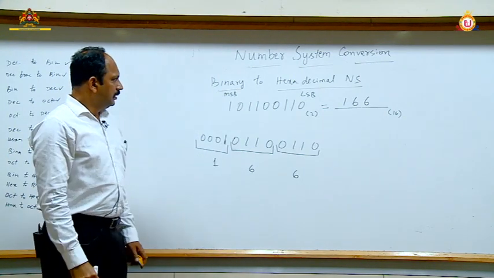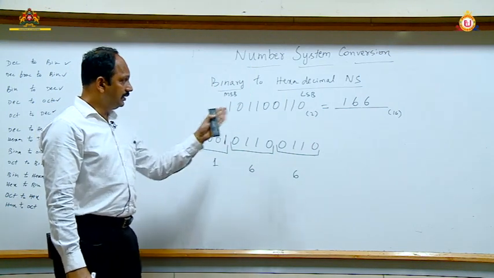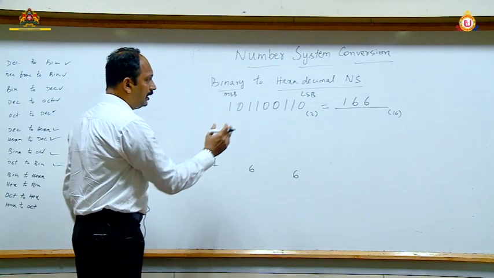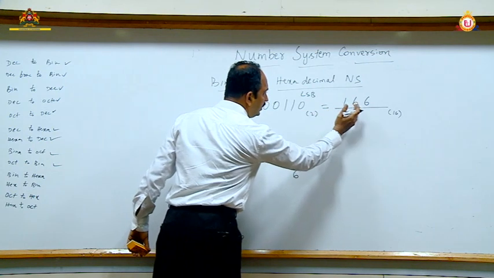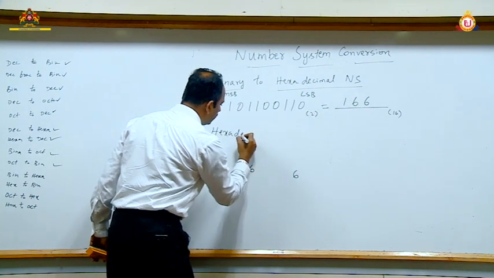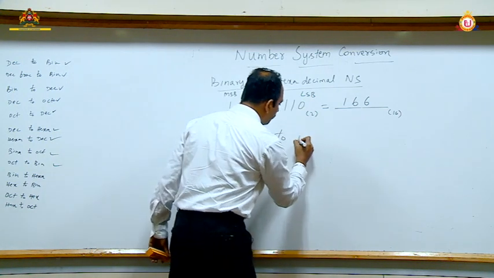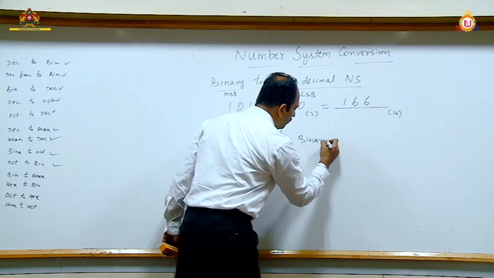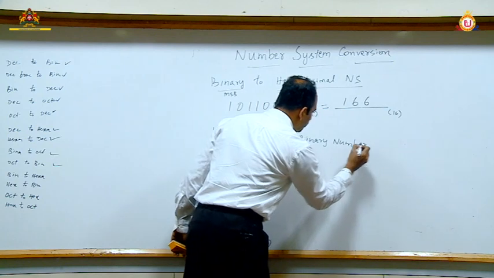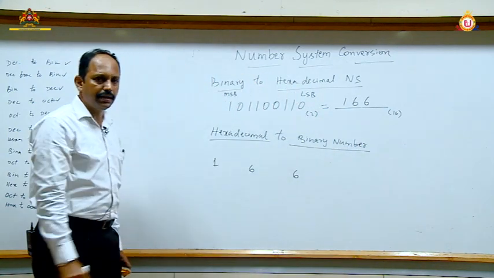Again, from hexadecimal to binary we can easily calculate. You take each digit of the hexadecimal for the conversion, that is hexadecimal to binary number.